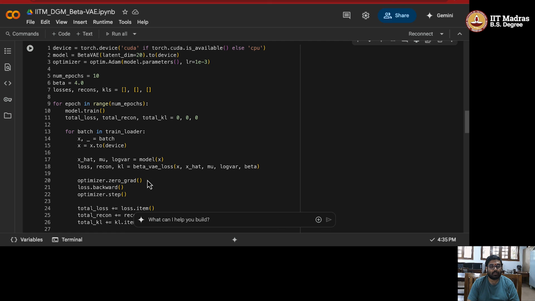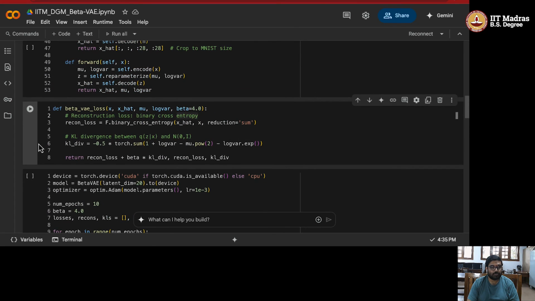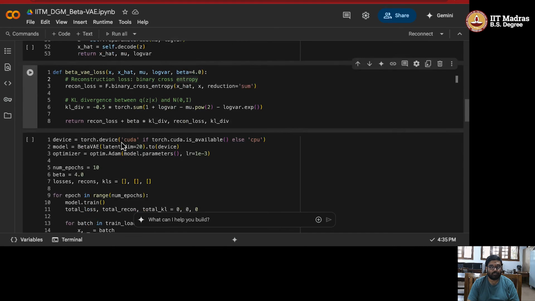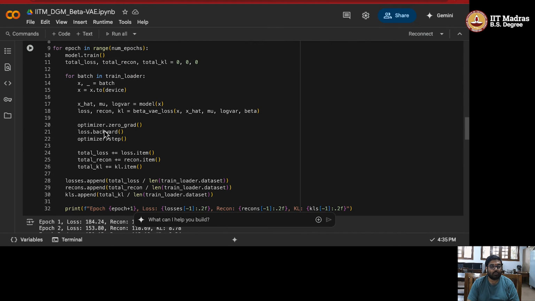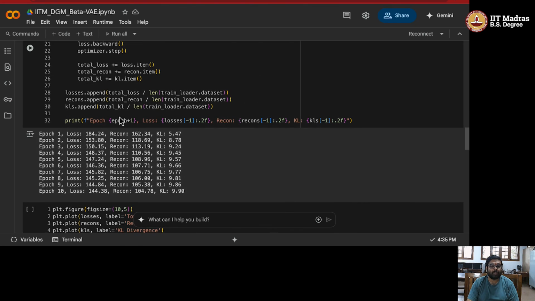You pass them to this specific function, which gives you the reconstruction loss and KL loss. Then you zero grad, obtain the gradients, and perform optimizer dot step, which will update the weights. And then you're just bookkeeping all those things.